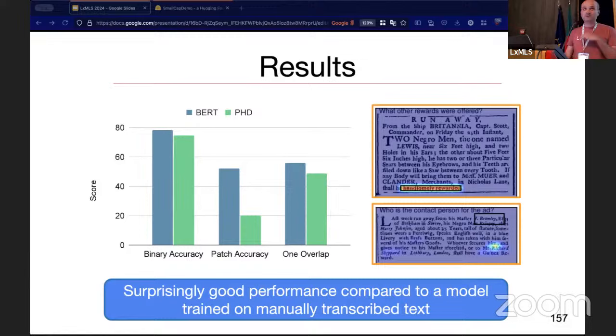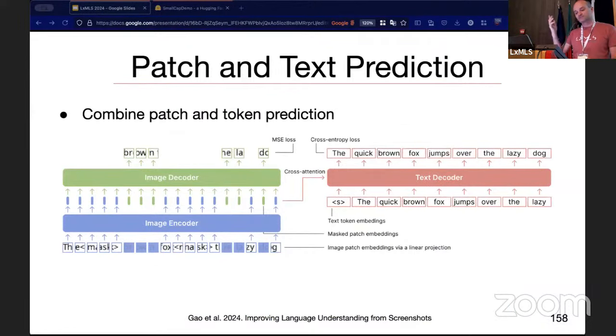And there's been other people who've worked on follow-up work in this direction. So Desmond's group has been trying to combine patch prediction with token prediction, combining MSE reconstruction over patches with discrete predictions over tokens in a standard text decoder. I've read this paper, and I think it's a really nice extension of the work that is going on in this area.